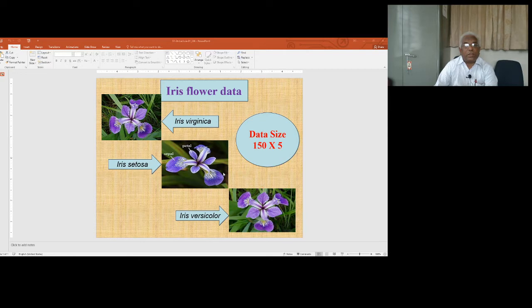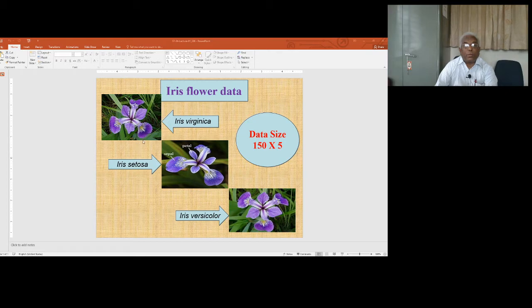From each species 50 flowers are collected. That means a total of 150 flowers. And for each flower, four measurements are taken. Number one, sepal length. Number two, sepal width. Number three, petal length.